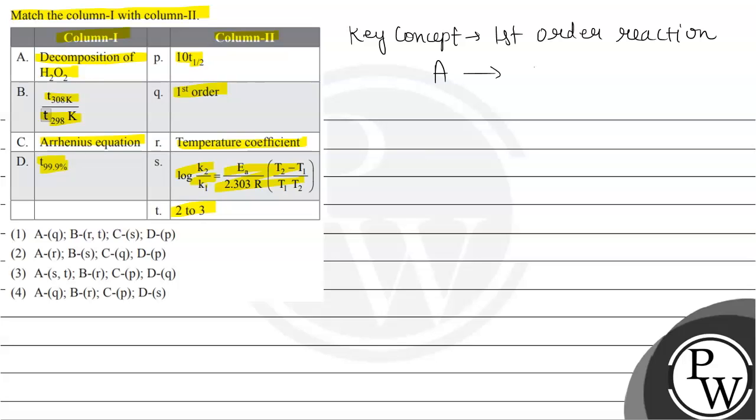And अगर हमारे पास reaction है A gives B plus C, so rate होगा जो first order reaction का that will be equal to the concentration of the A reactant, and जो इसका power आएगा that will be 1, because according to the first order reaction, rate जो है that is linearly dependent on the concentration of only one reactant, सिर्फ एक reactant पर depend करता है. और अगर जो concentration है that becomes 2 times तो rate will become 2 times, if the concentration is 3 times तो rate भी 3 times हो जाएगा. कहने का मतलब है जो rate है that is directly proportional to the concentration for the first order reaction.